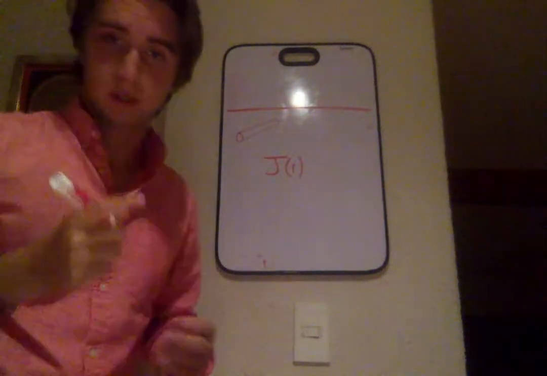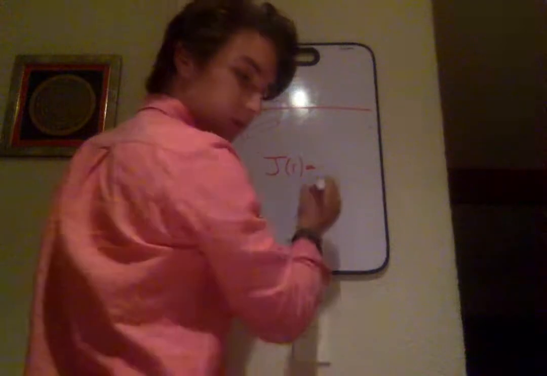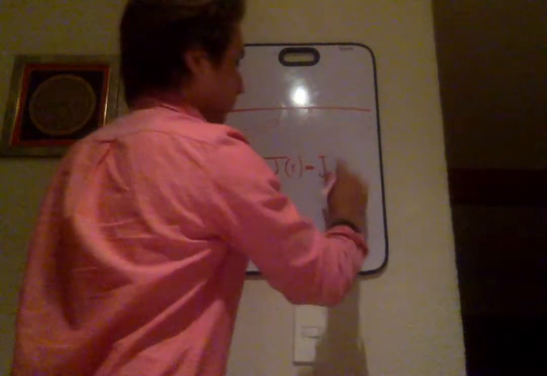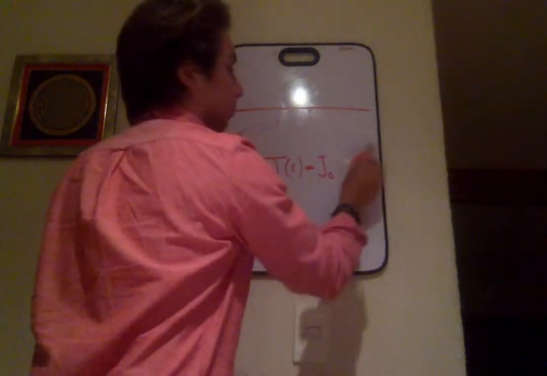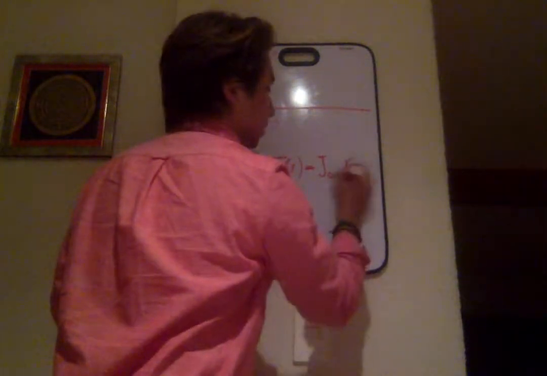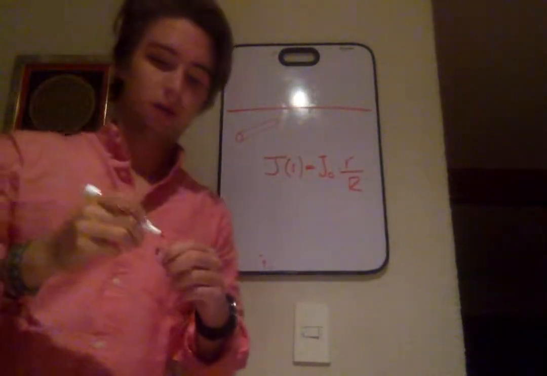J, remember, is the density. It's equal to J0 multiplied by the radius r over R, the whole radius.